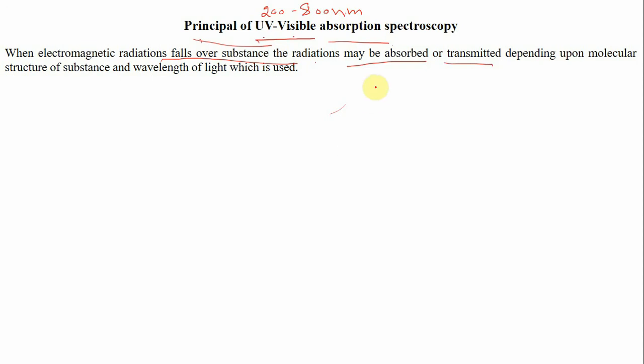The third possibility is that these radiations may get scattered. This depends upon the molecular structure of the substance and the wavelength of light which is used.